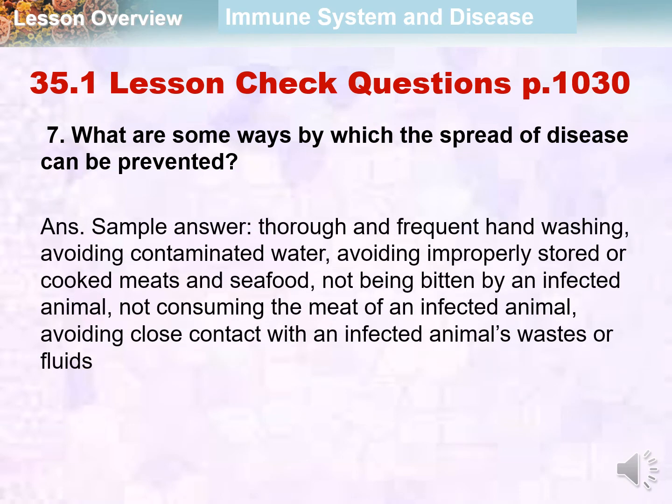For our sample answer, thorough and frequent hand washing, avoiding contaminated water, avoiding improperly stored or cooked meats and seafood, not being bitten by an infected animal, not consuming the meat of an infected animal, avoiding close contact with an infected animal's wastes or fluids.